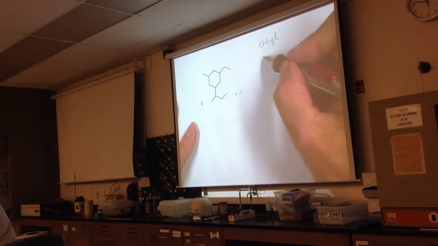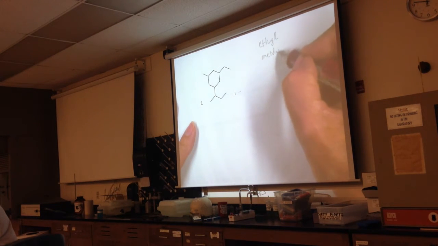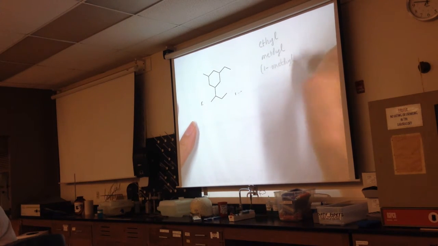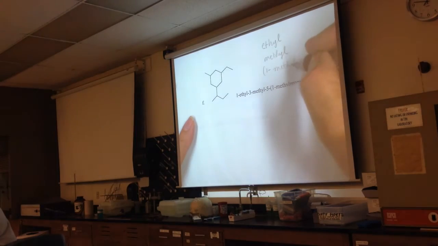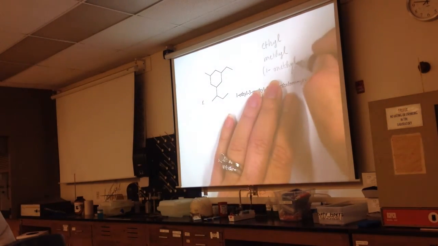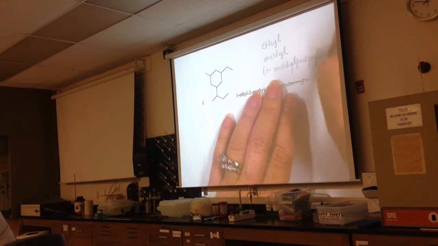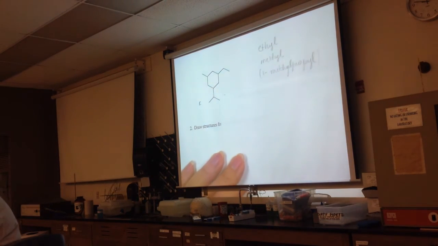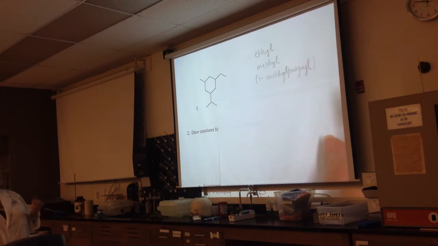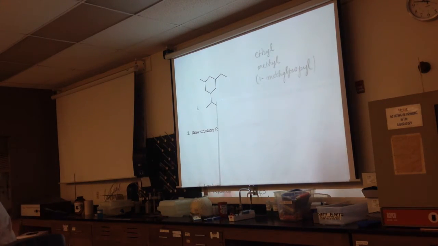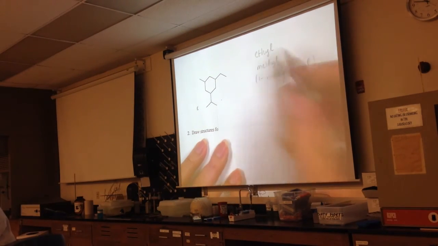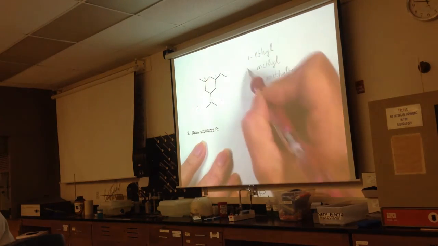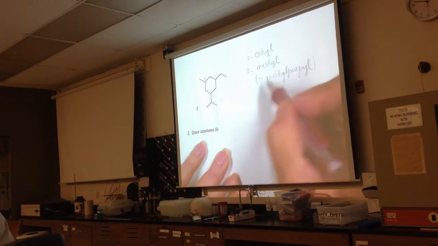So I have a methyl, and then I have a 1-methylpropyl. Those are my substituents, and that will be the alphabetical order. So you're carbon 1, carbon 3, and carbon 5.